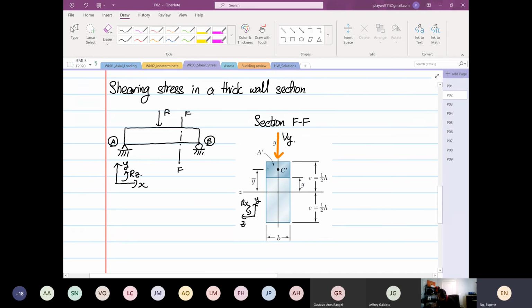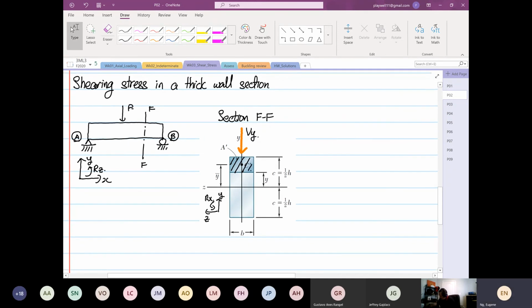So when it's in a VY direction, the area that we are going to consider is going to be this area. So we are going to find the first moment of area.